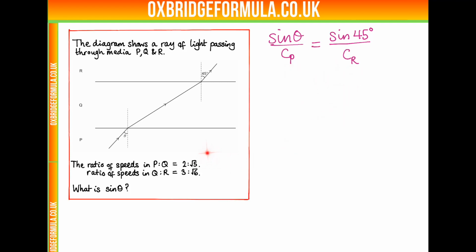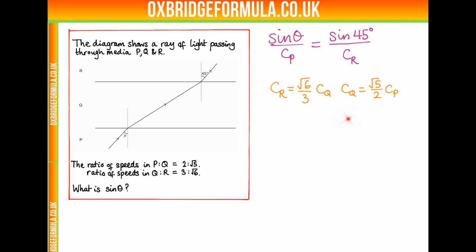Well, we've been given the speeds in P to Q, and the speeds in Q to R. So the speeds of both of them in relation to the intermediate one, Q, are: CR is square root of 6 over 3 times CQ, and CQ is square root of 5 over 2 times the speed in medium P.